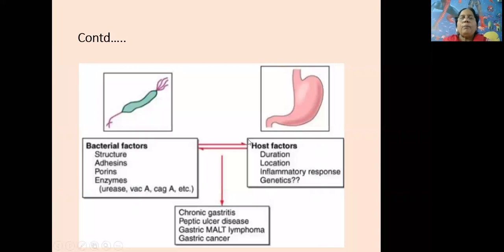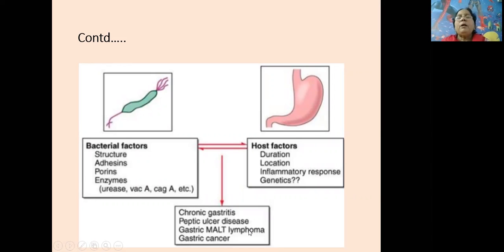Depending on all these factors, it can be just a chronic gastritis, or it may progress to peptic ulcer disease, or to gastric cancer and gastric MALT lymphoma.